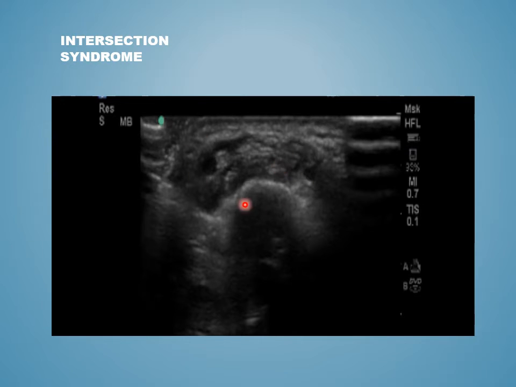At this particular site and at this point of intersection, sometimes the friction can occur between the two tendons, leading to tenosynovitis with fluid seen at this area.